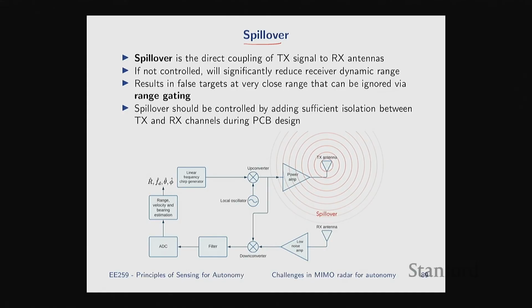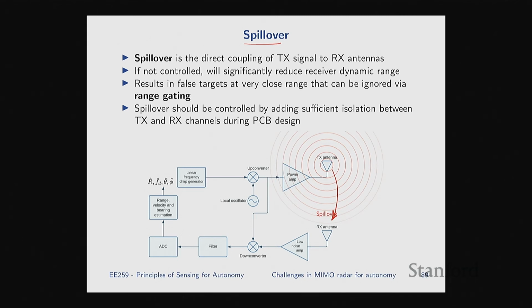And the third one is a physical effect called spillover. Spillover is basically direct coupling from a transmitter antenna to a receiver antenna without echoing from a target, right? So if your antennas have very wide radiation patterns, and if transmitter and receiver antennas are placed closely, which can happen on these microstrip antennas, signal can directly spill from the transmitter to the receiver, and then two things happen.